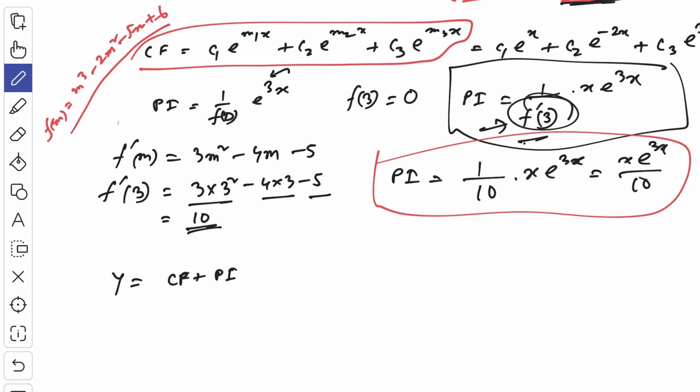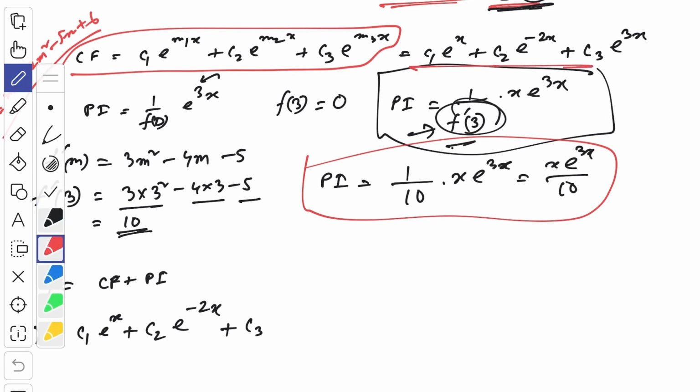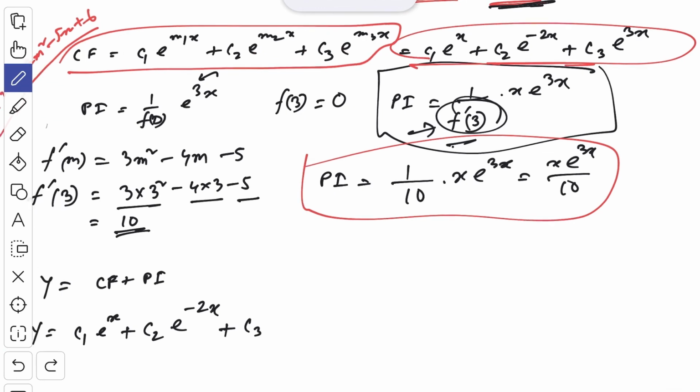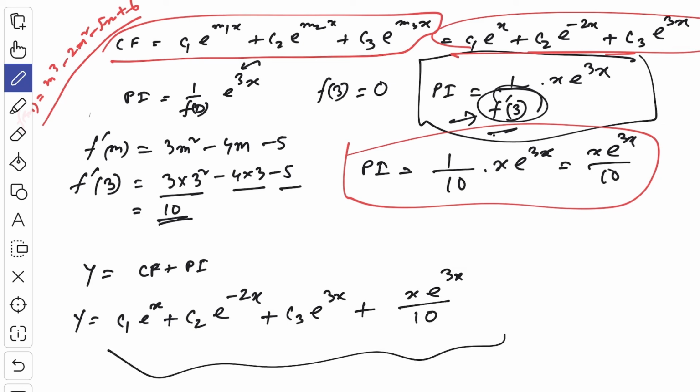So therefore the required solution is y is equal to c1 e to the power x plus c2 e to the power minus twice x plus c3 e to the power thrice x, this is the value of CF, plus PI, which is x into e to the power thrice x by 10. So this is our solution of the given equation. That's how we can solve such kind of equations.